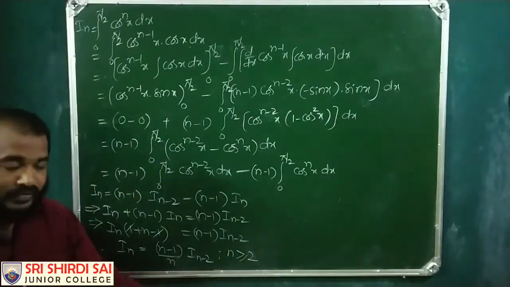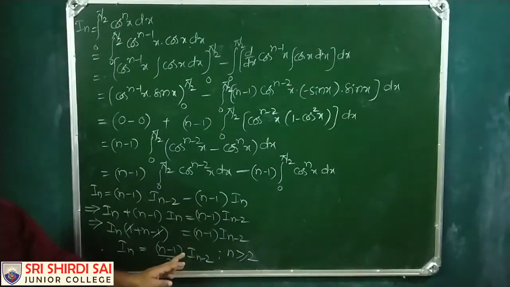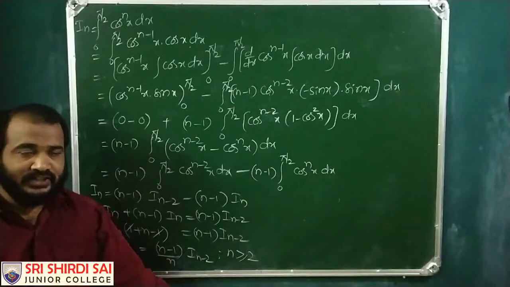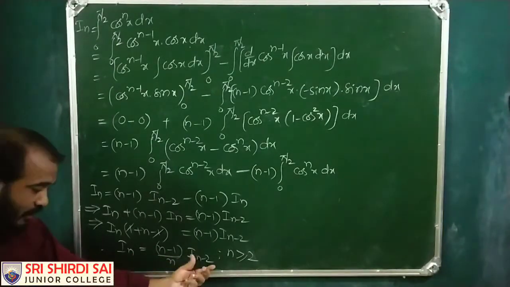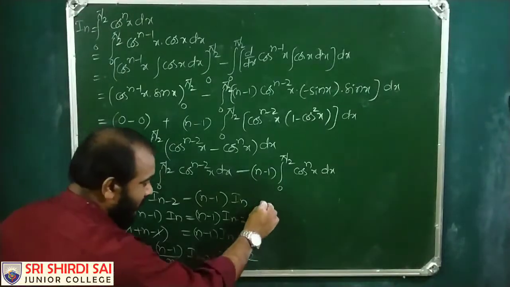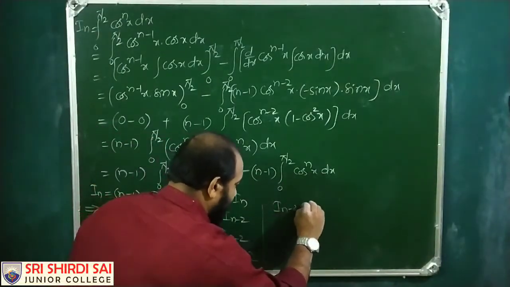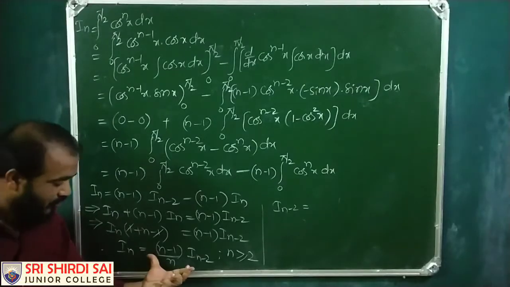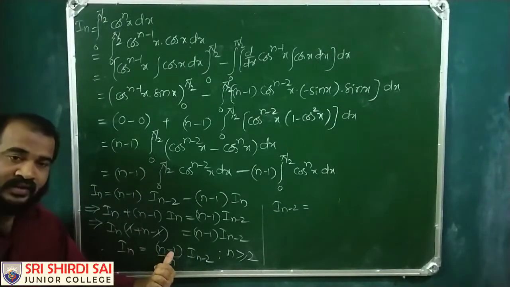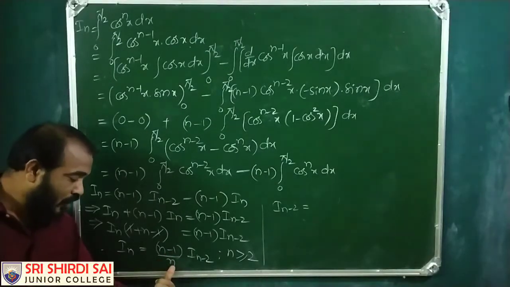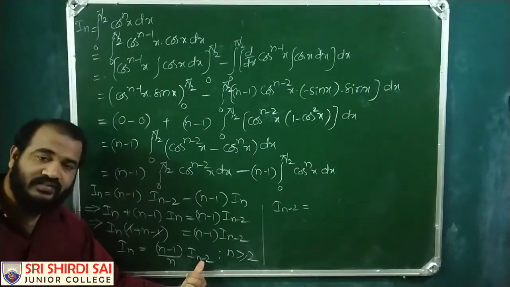So from now on, applying successive reduction, we will be getting different values. If In equals n minus 1 by n into I n minus 2, then for I n minus 2, if I try to substitute, the denominator is decreased by 1 while the index of I is reduced by 2.